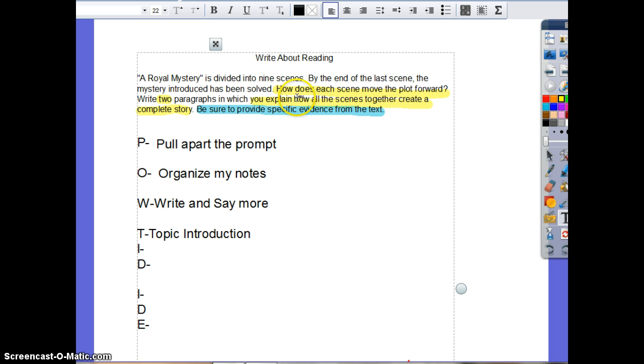Right? So the first paragraph I may write will be about, all right, scenes 1 through, let's say there are 9, 1 through 4. You might explain briefly what's happening in there.